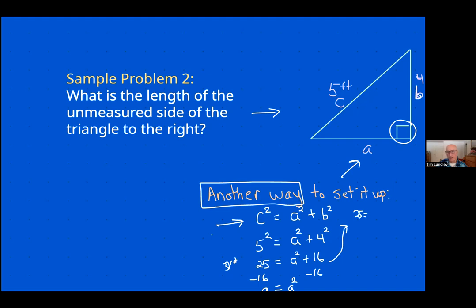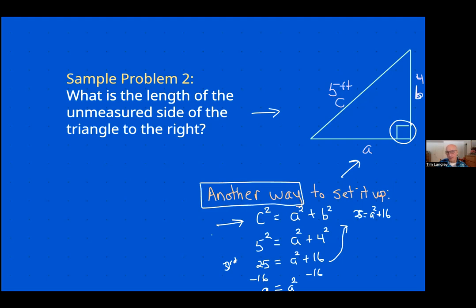Now, I might have mentioned on a previous video that we only have to know very basic algebra, and this is very basic algebra. But it's just going to be a slightly different step. You remember we want to get the letter by itself in algebra, right? And so to get it by itself, how would you get rid of that 16? It's a plus 16, right?